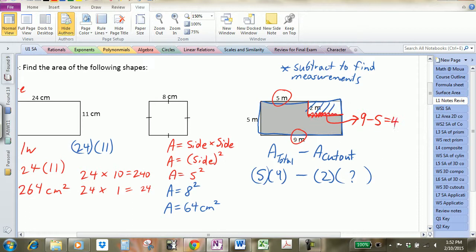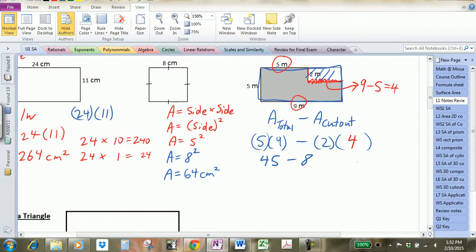We have 4. Okay. So it's important to see where we got that measurement from. So then we get 45 minus 8. That one I can't do in my head, but I know I could go like 40 minus 8 is 32, and then add the 5 to give me 37. So 37 meters squared. Okay, so you can play around with your numbers a little bit.